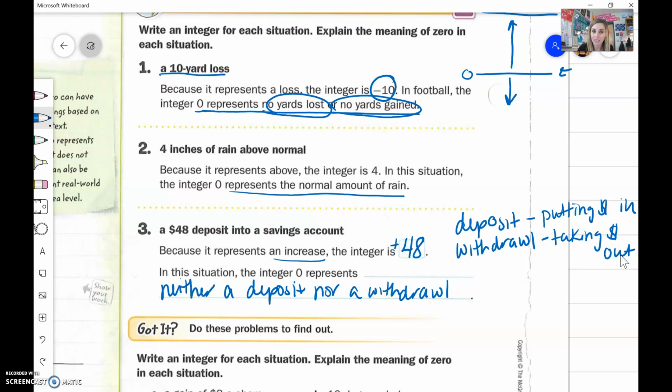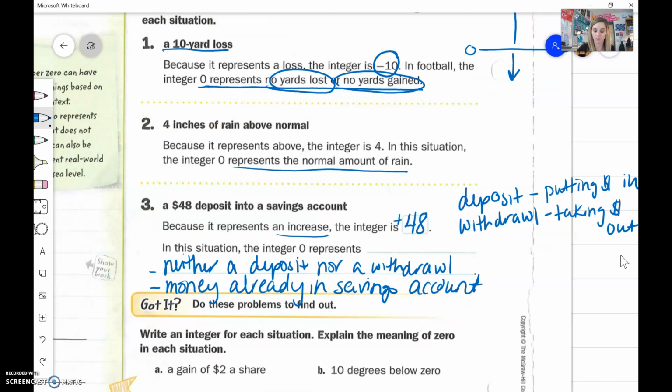You could also say 0 also represents, because there's different ways that you could represent the 0, where we started was the money that was already in the savings account. There's a lot of different ways that you can explain that, okay?